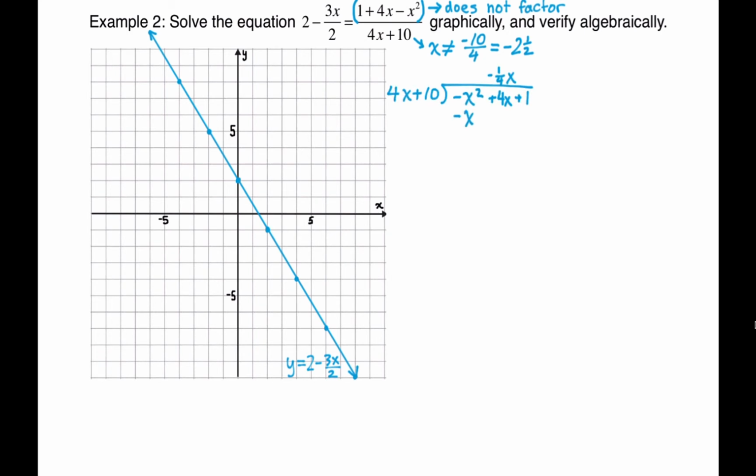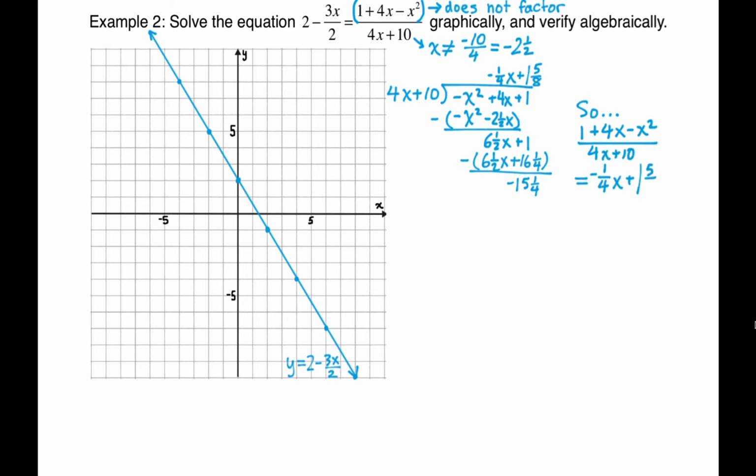Now, if we do the long division, here's what we'll get. So changing the right-hand side of the equation into this form, you can see that it's going to have an oblique asymptote with a y-intercept of 1 5/8 and a slope of -1/4. And then it's got this fractional part here.